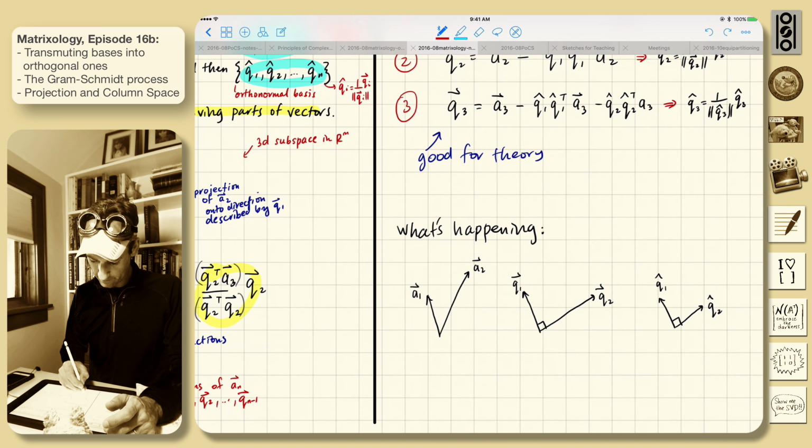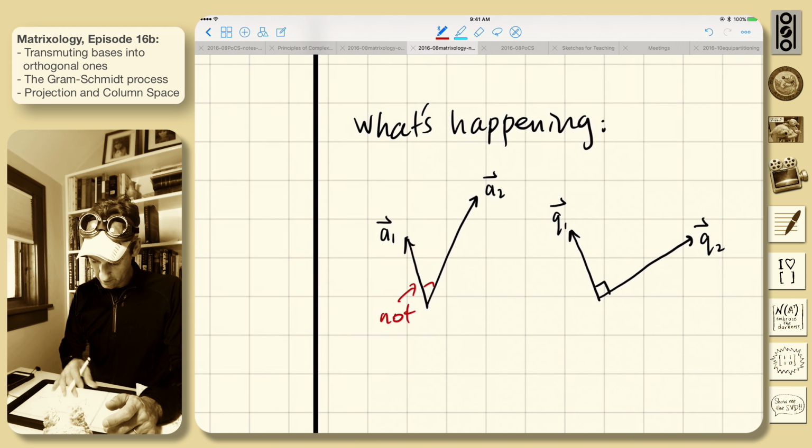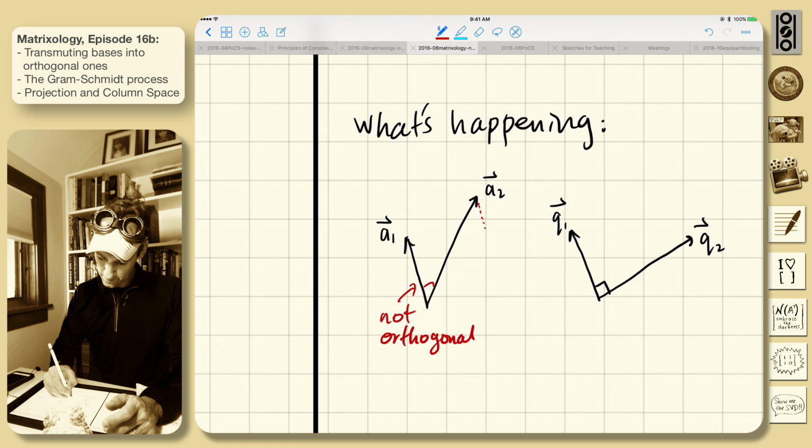So we have, right. So these are not at right angles. Well, let's just say orthogonal. That's sort of our special word. Not orthogonal. So we project.